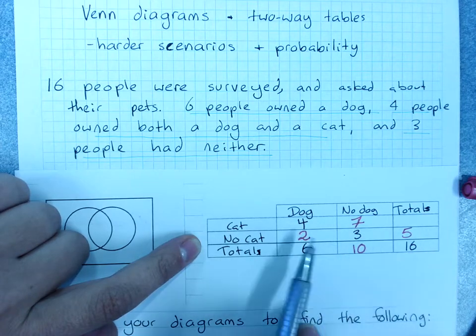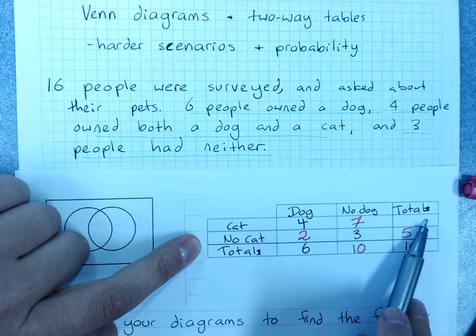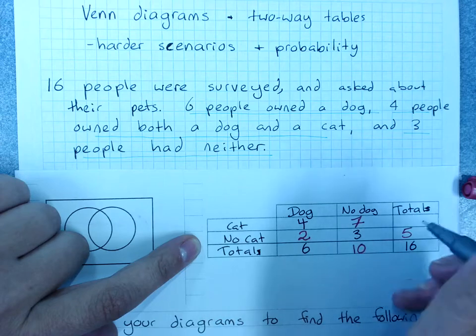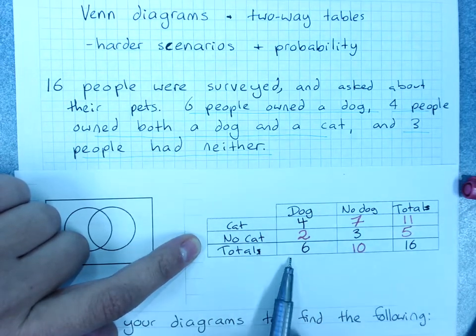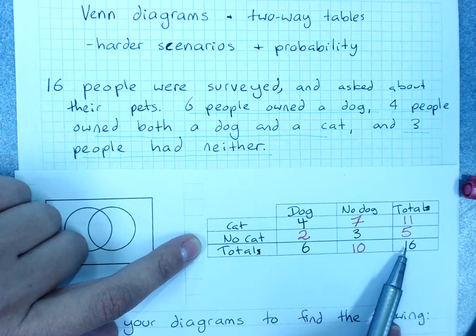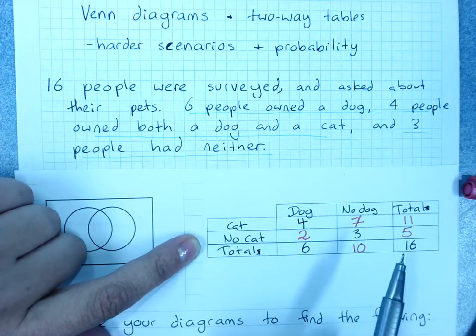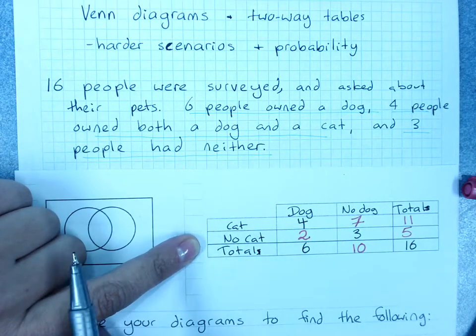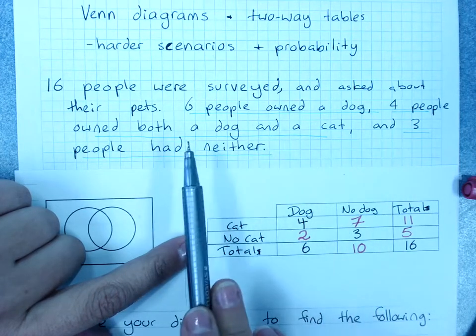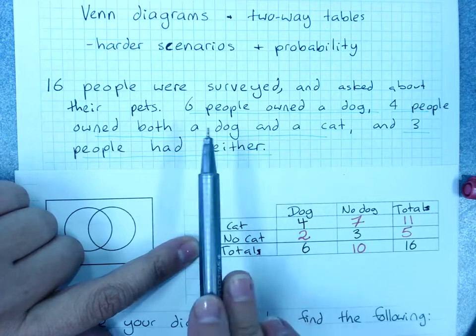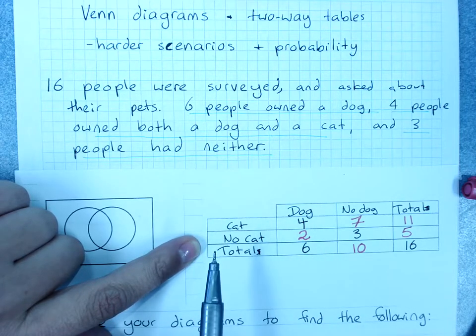And then I can get, of course, how many people owned a cat. 4 plus 7 is 11. Check, those 2 add up to 16, those 2 add up to 16. So often the two-way table is easier than the Venn diagram when they've given you some funny totals, neither. They haven't been helpful with their information.